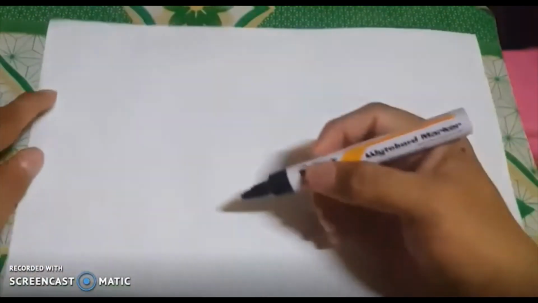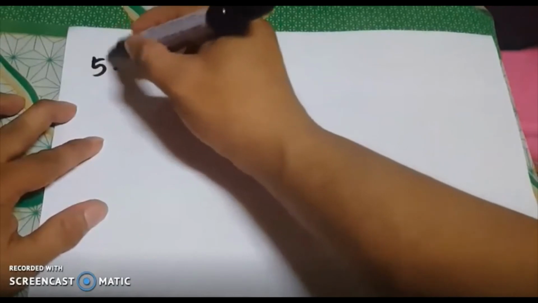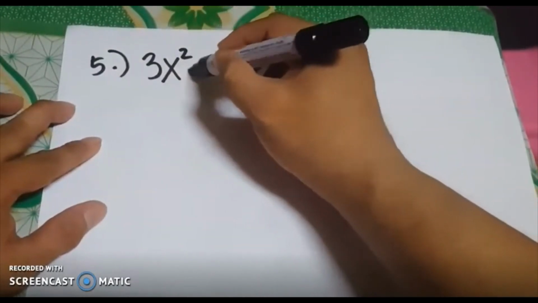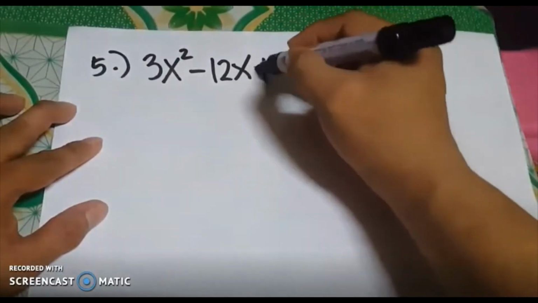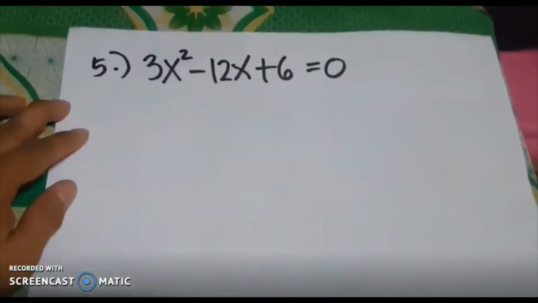Let's have here example number 5. So what if the case is like this? So number 5, we do have 3x squared minus 12x plus 6 is equal to 0.